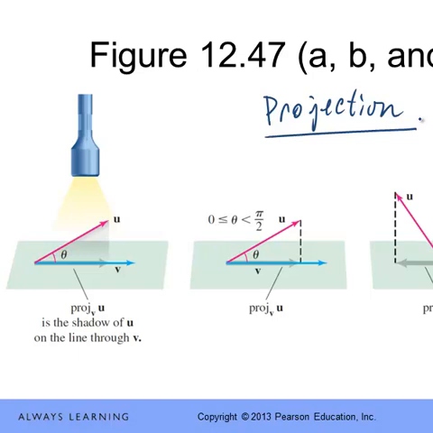Now, if the angle between the two vectors is acute, then that projection is going to be parallel to vector v in the direction of vector v. But if the angle is obtuse, the resulting projection will be parallel to v but in the opposite direction. Of course, if the angle is 90 degrees, then the projection would be the zero vector.